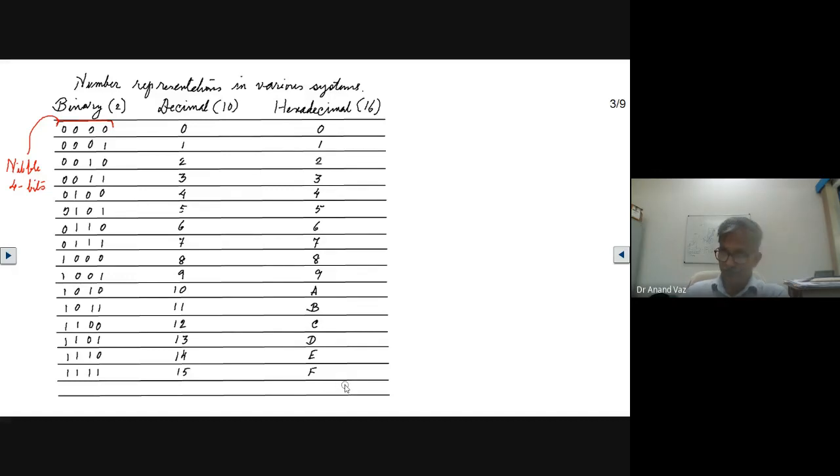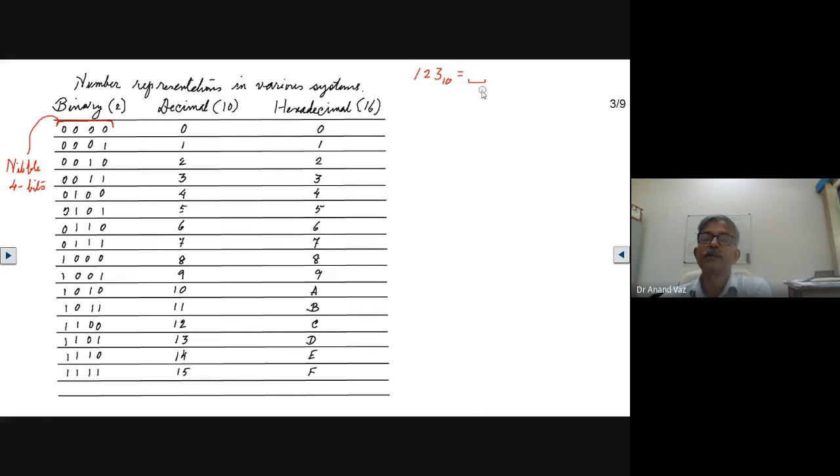When you are representing decimal numbers, say we were talking of the number 123, in the decimal system, how are you going to write this in the binary system? For that, we will require weightages.